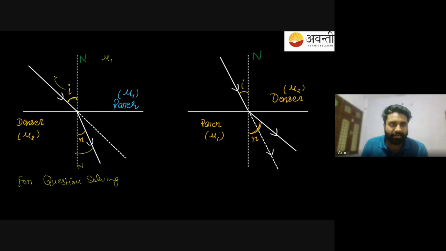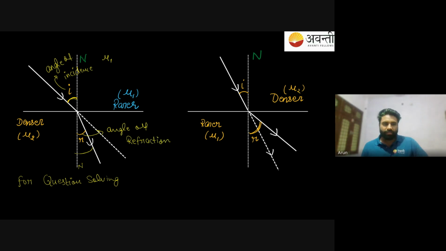This angle is the angle of incidence, and this r is the angle of refraction, not reflection. So for question solving, you can just multiply this mu 1 with the sine of this angle. mu 1 sin i is equal to, again, what is the refractive index of this medium? It is mu 2 sin r.